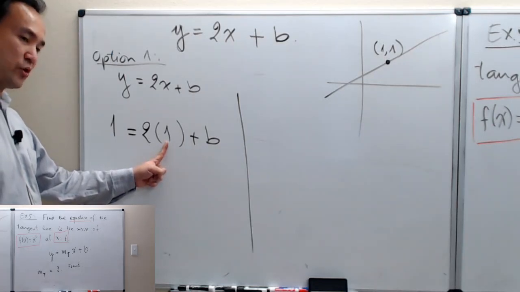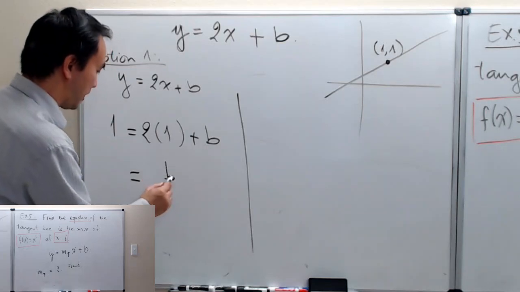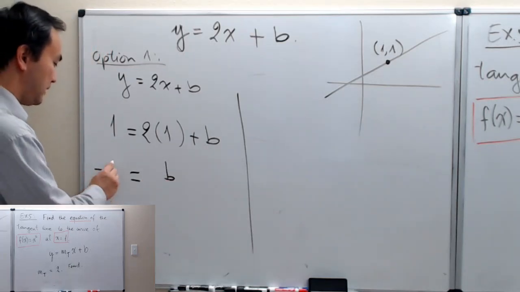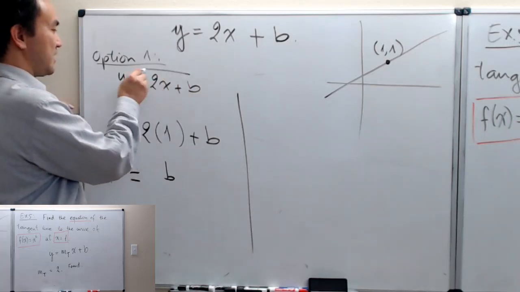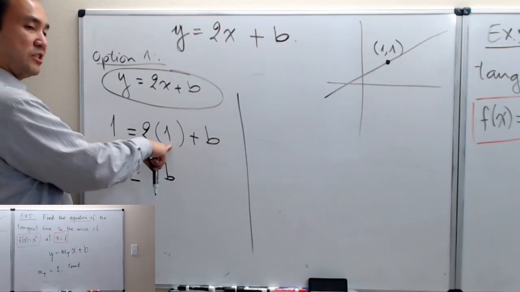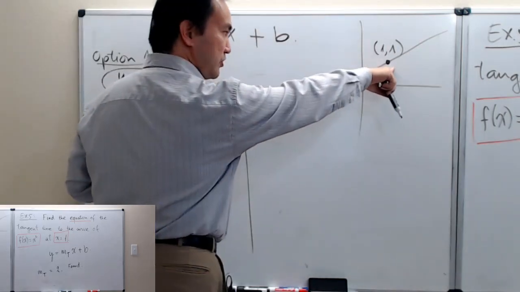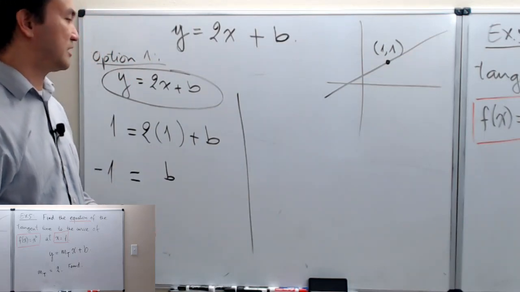That's one trick right here. From here we can quickly solve for b, so b here is -1. That's one way, quite standard. We tackle it right from the slope-intercept form, which is halfway completed, and then we substitute that point. The tangent point is supposed to be contained on the tangent line itself.